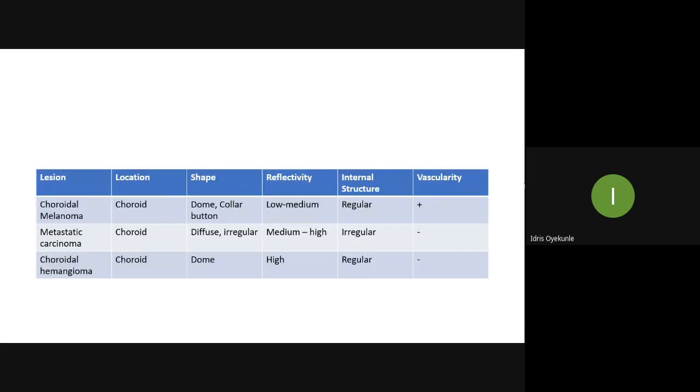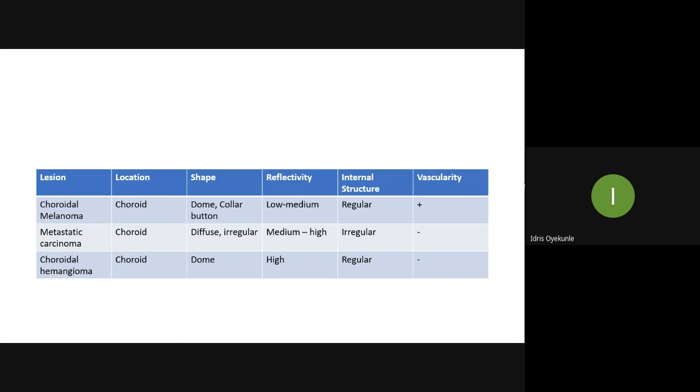So these are the distinguishing features that we see. In a choroidal melanoma and a metastatic carcinoma that's gone to the choroid, the shape may be similar. They have a dome shape. It may even be diffuse as well. But when you look at the reflectivity, the metastatic carcinoma is higher than that of the choroidal melanoma.